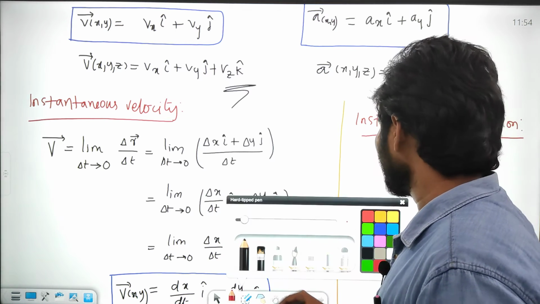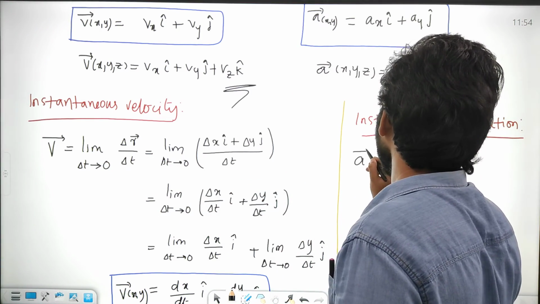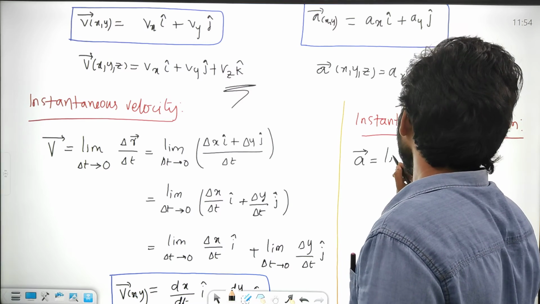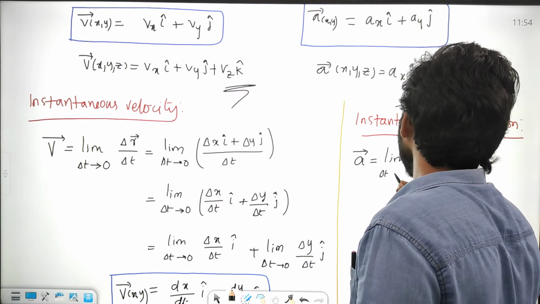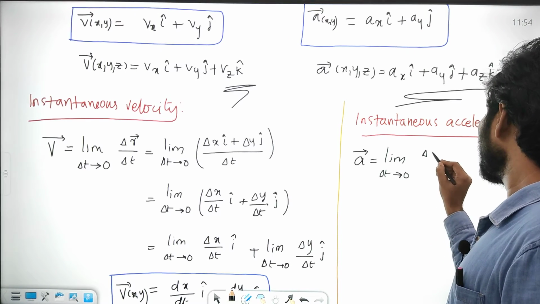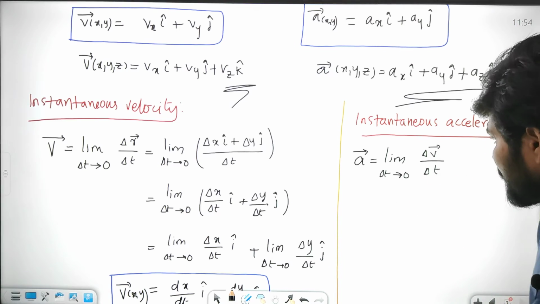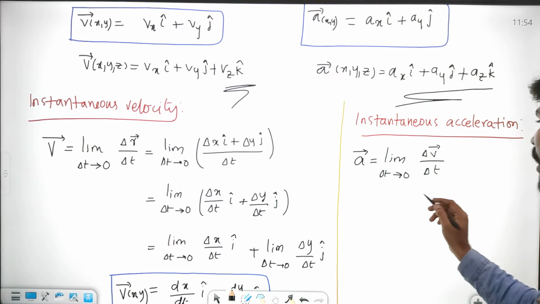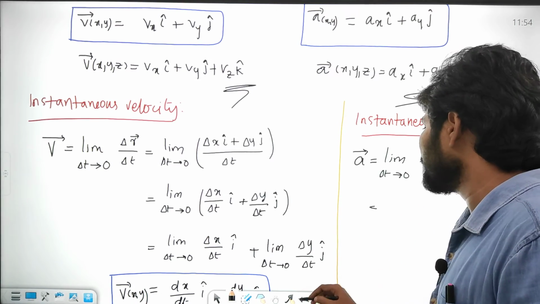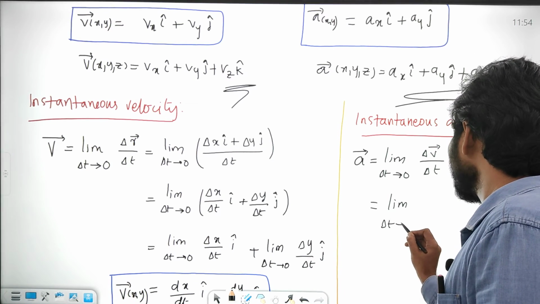What is instantaneous acceleration? We have to take instantaneous acceleration like this: limit as time tends to 0 of delta v divided by delta t. Should I explain? No, the same thing. You have to take limit delta t tends to 0.